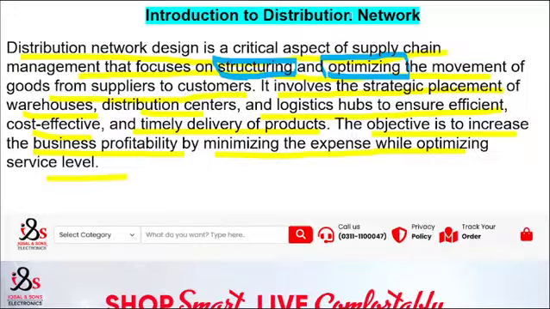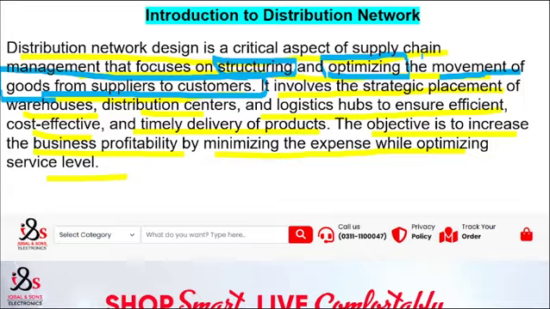In a network, we mainly talk about the structure of distribution. It focuses on the structure of the movement of the goods from supplier to the customer. This is the structure. How is the structure made? What things are present in the structure?